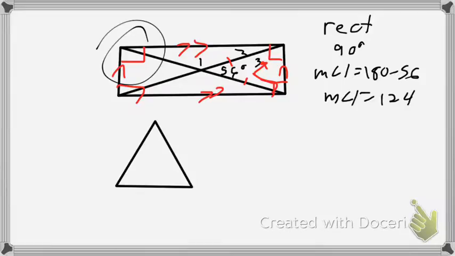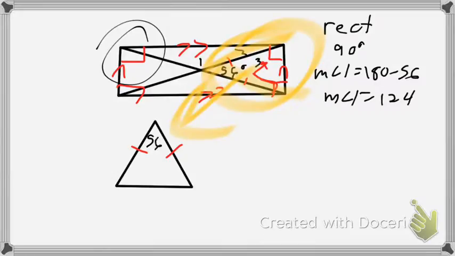Now I'm going to quick draw a triangle here. And what I'm going to show you is that because it's a rectangle, this side and this side are the same, because in a rectangle, diagonals are congruent. So I basically took this triangle right here and drew it down here.